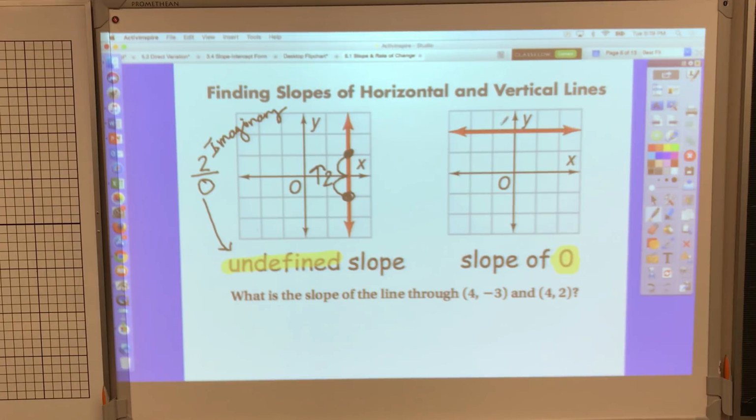Whereas when I look at a horizontal line, okay, I can put dots anywhere on that line. Whenever you're finding slope on a graph, you can use any 2 points on that line, and it will always work out, right? If they're giving you dots, use that. If you need to put your own dots, make sure they're in between the cross points on the coordinate plane. So when I look here, this time there is no rise.